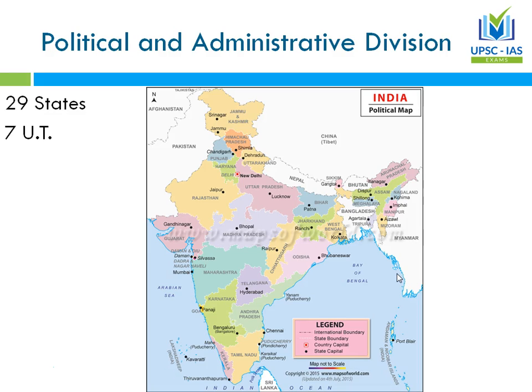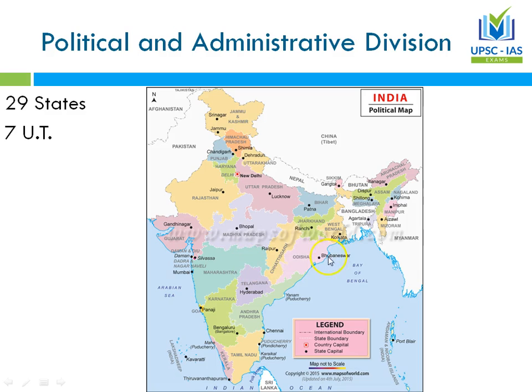Say for example, if you hear anything about Odisha, then open your political map of our country and locate where Odisha is. Then try to relate things with it, like we have already learned about the Bay of Bengal. Locate the Bay of Bengal, and now you know that Odisha has its shore on the Bay of Bengal.